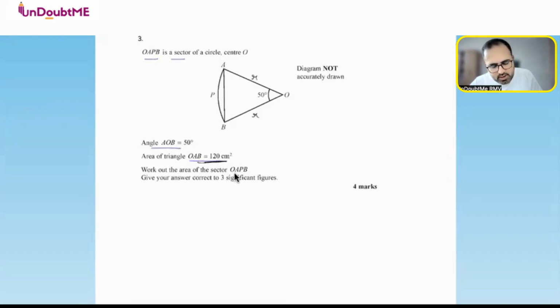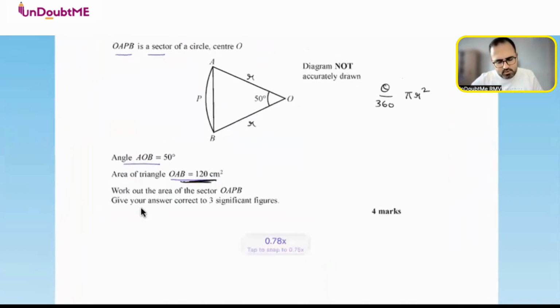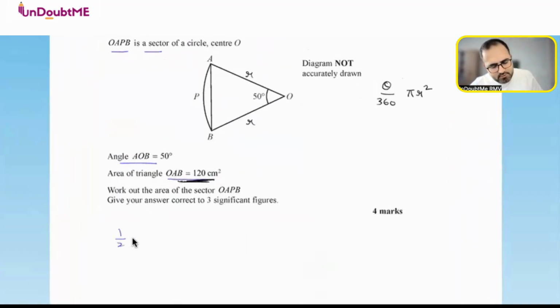Work out the area of sector OAPB. For the area of a sector, we have a formula theta over 360 times pi r square. And we need the radius. For the radius, I can go ahead with the area of the triangle. Area of triangle is half AB sine theta, and that is equal to 120.